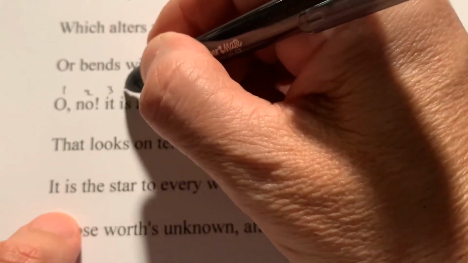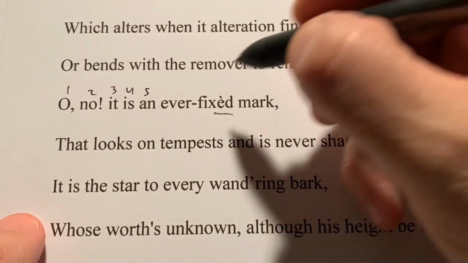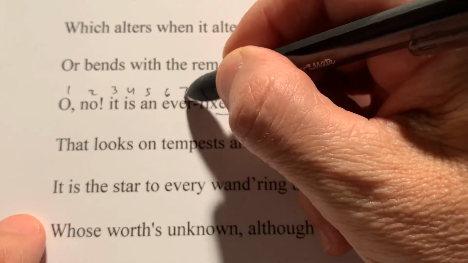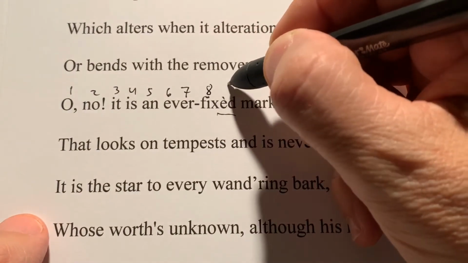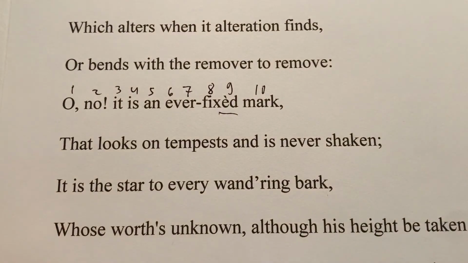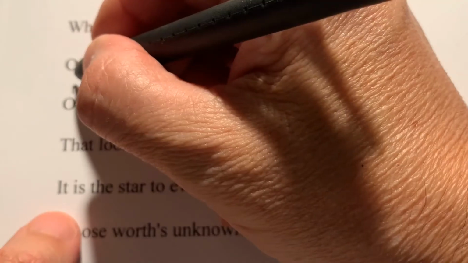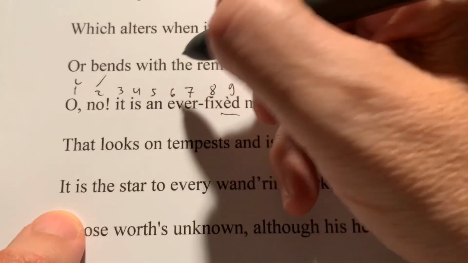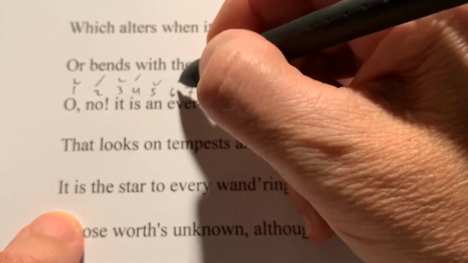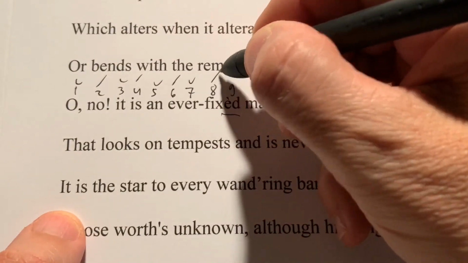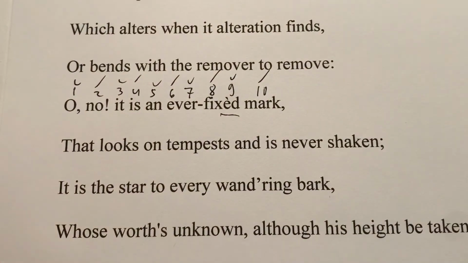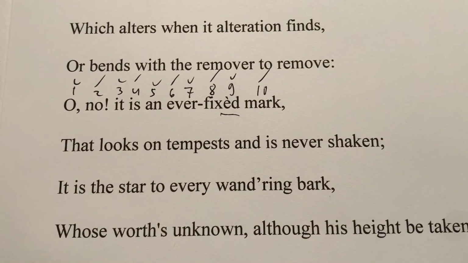Just to show you, 1, 2, it is an ever fixed mark. And it also works on the meter. Oh no, it is an ever fixed mark. It's always going to be weak.